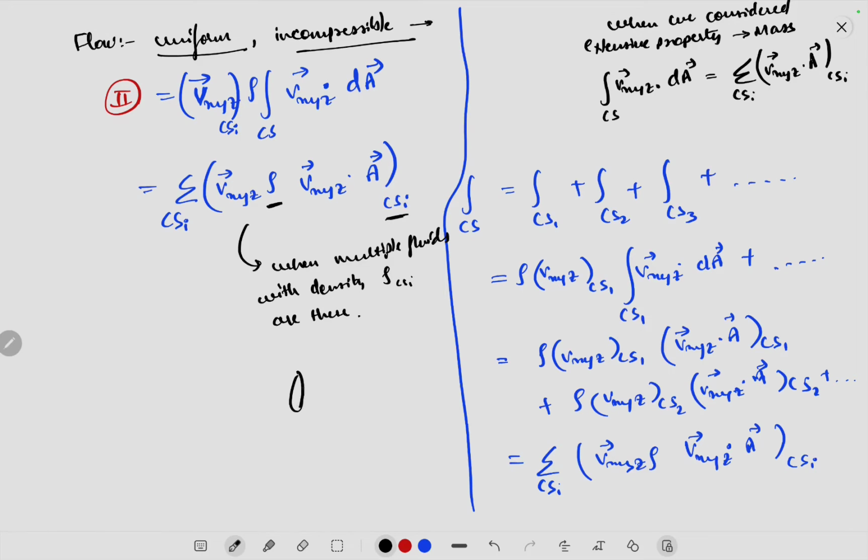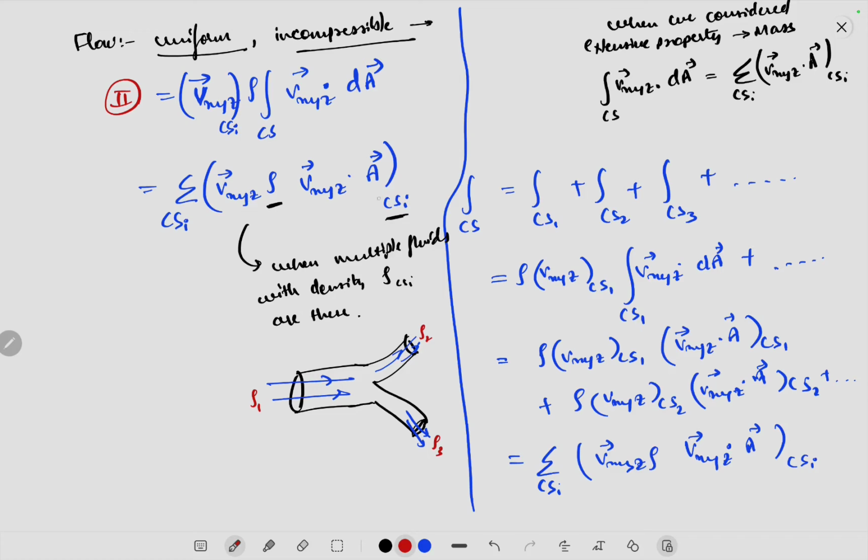So let's say I had this situation where the flow was through this pipe. Now let's say the fluid which exits from this pipe has density rho 2, the fluid which exits from this cross section has density rho 3, and the fluid which is entering this tube is rho 1.